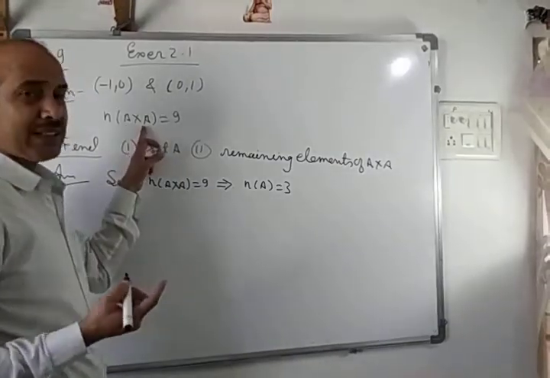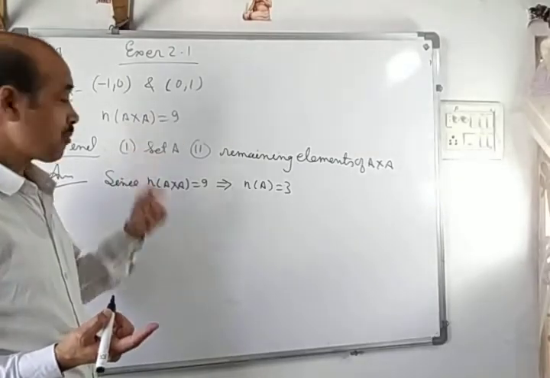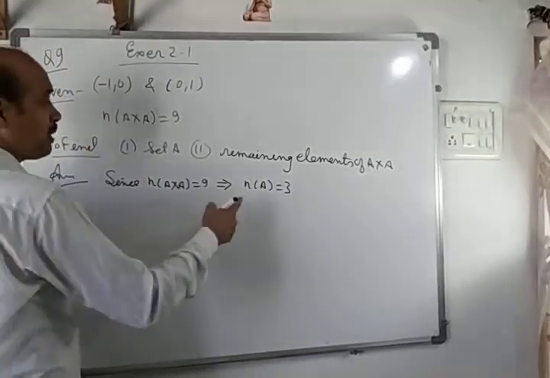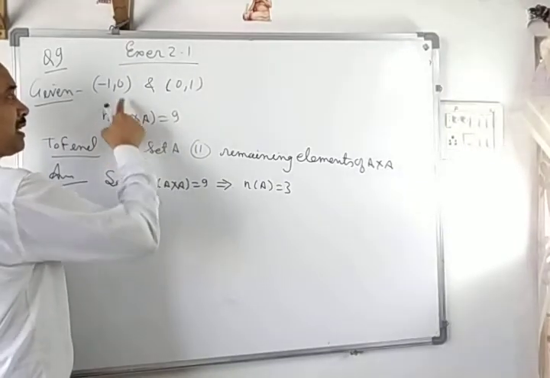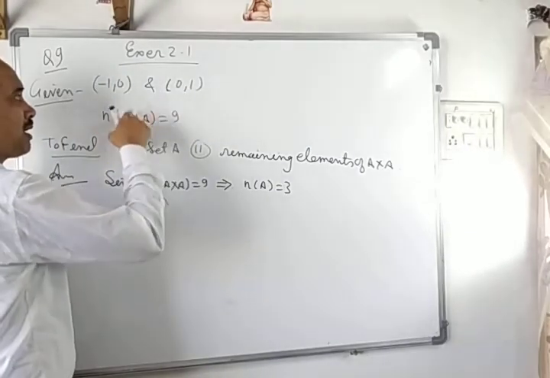Here the same set is there, so 3 into 3, 9. Now out of 3 elements, since A cross A is there, all these elements will be in A.